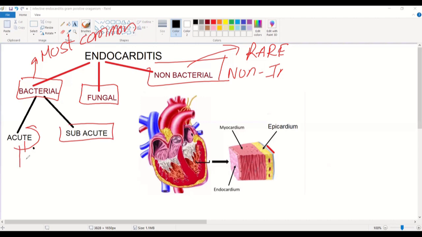What is the most common organism associated with acute bacterial endocarditis? Staph aureus, right? Is it a high virulence organism or a low virulence organism? High virulence.